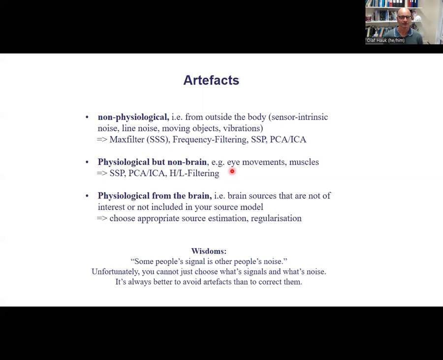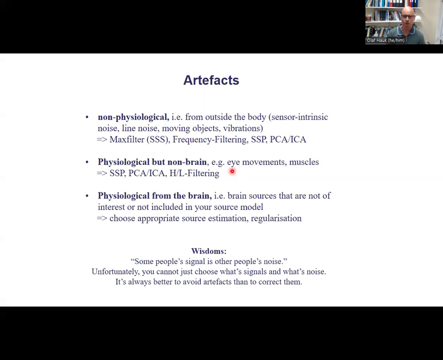And finally, it's always better to avoid artifacts than to correct them. Very easy to say, very hard to do. Often it's not possible to avoid artifacts. You can at least minimize them, like eye blinks, for example, give your subjects breaks, make them relaxed. Other artifacts might be a bit more difficult to suppress.